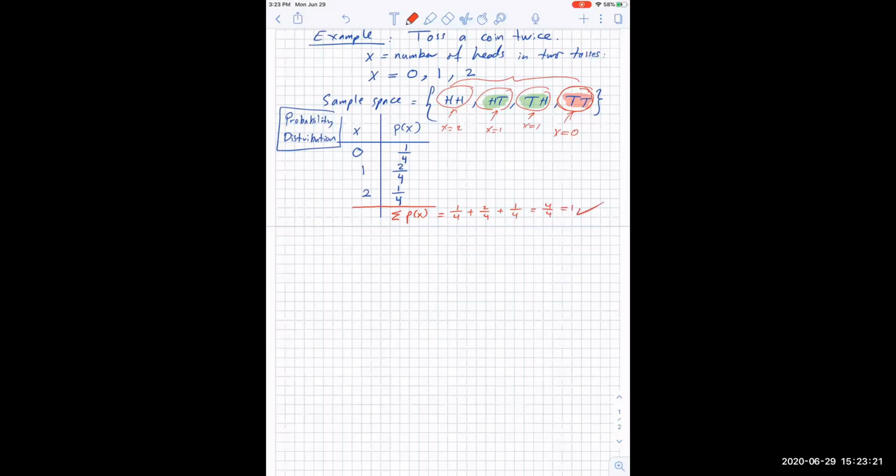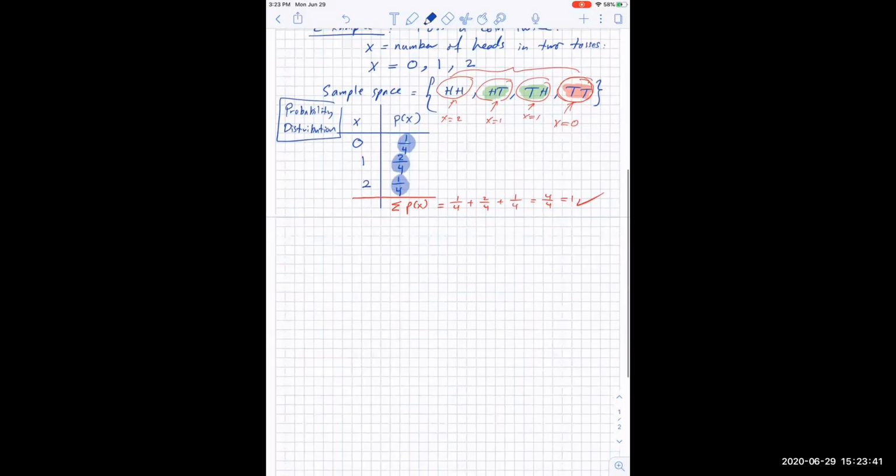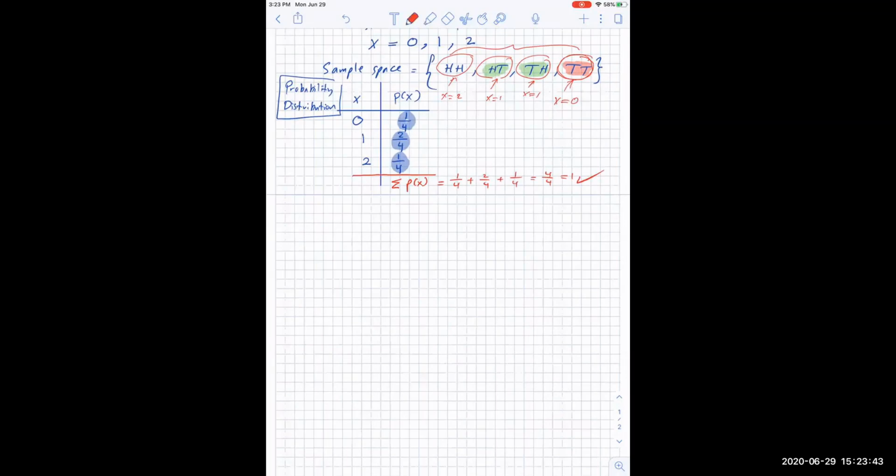This is how you check it. Also, make sure the probability values are always positive. You cannot have a negative probability value, or a probability value greater than 1. So there are 2 things you need to check.